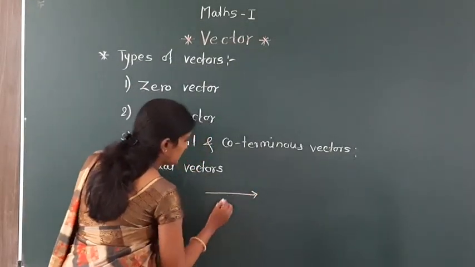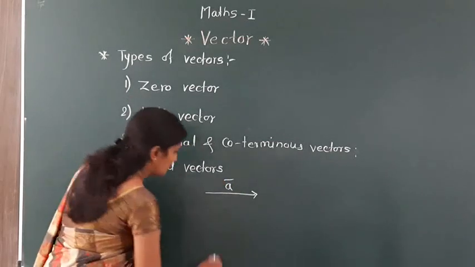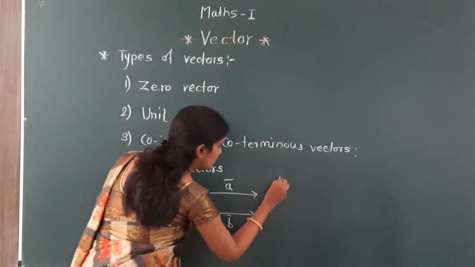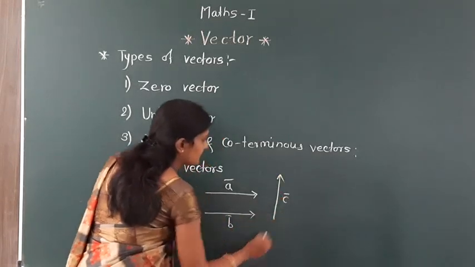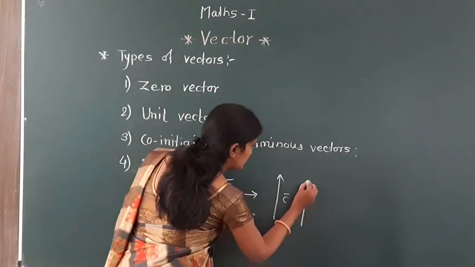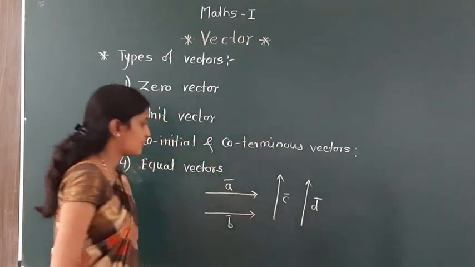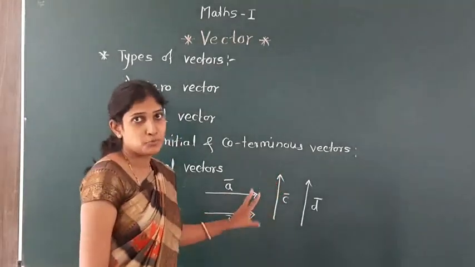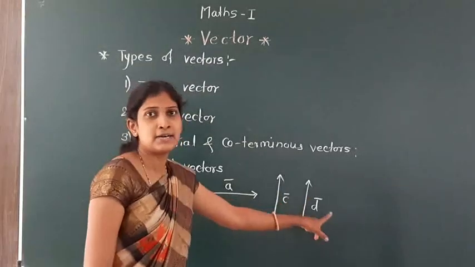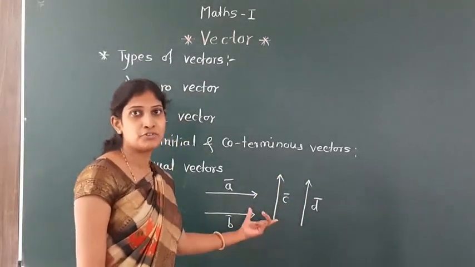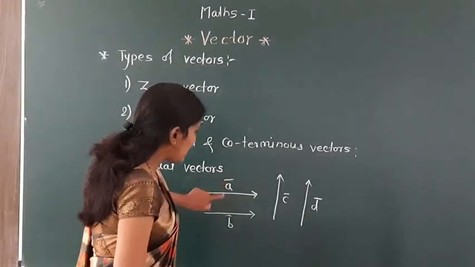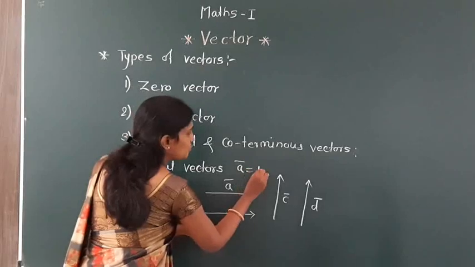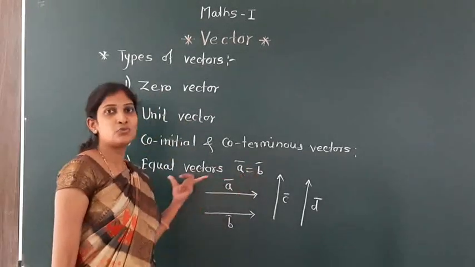Suppose this is vector a bar, this is vector b bar, this is vector c bar, and this is vector d bar. Suppose all these vectors have the same magnitude, but they have different directions. But a bar and b bar have the same magnitude and the same direction. So a bar is equal to b bar. So these two are equal vectors.